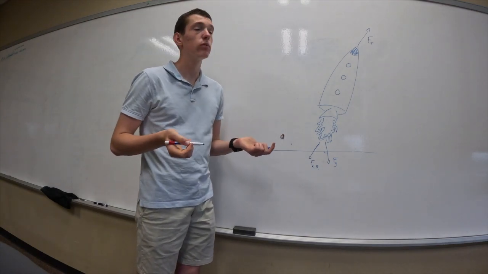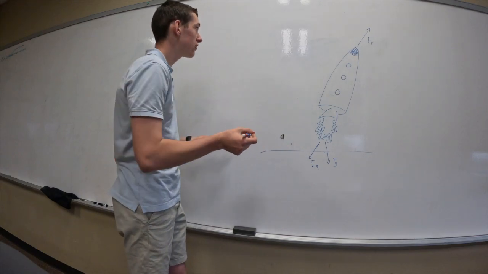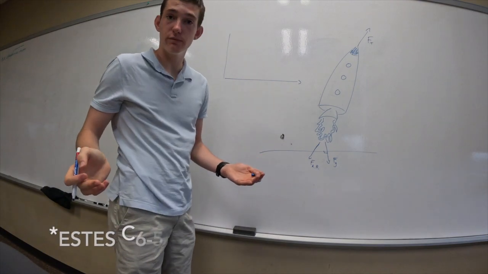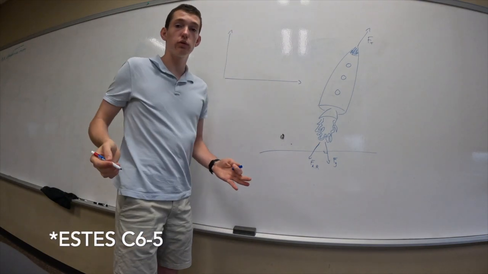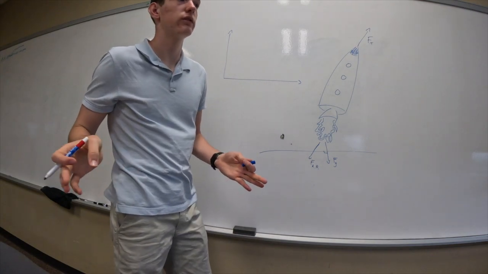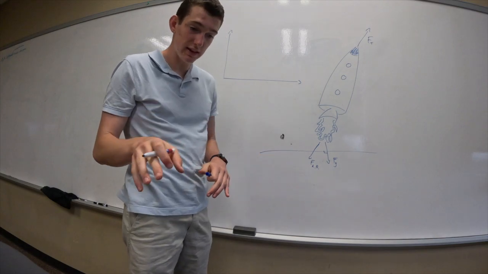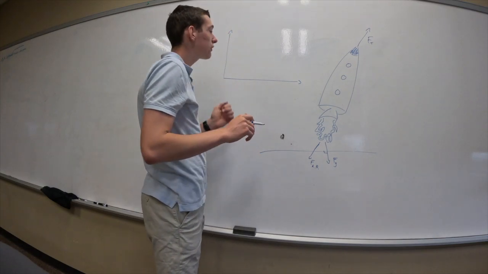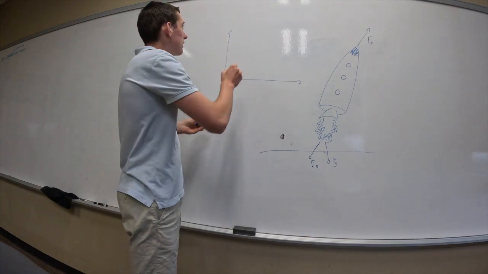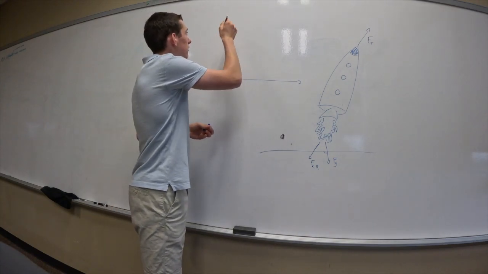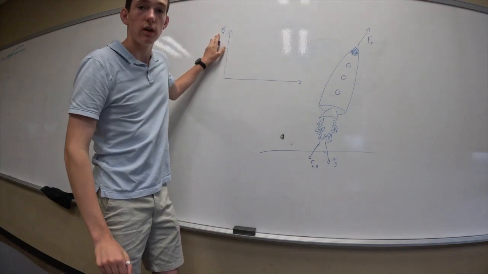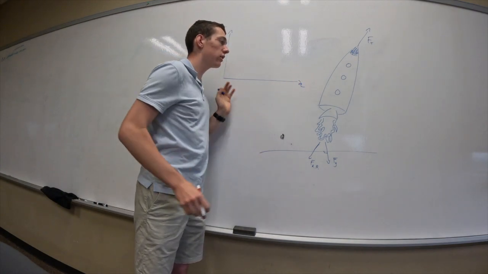A standard common engine that we could be looking at is the Estes C6-5 engine. Not only for this engine, but for a bunch of other engines, the graph looks very similar. We have the force of thrust on the y-axis, and then we have time on the x-axis.